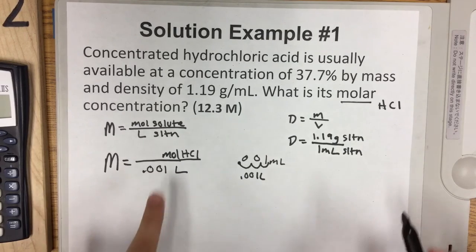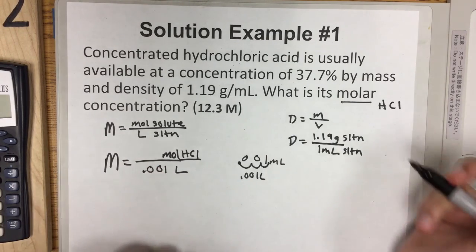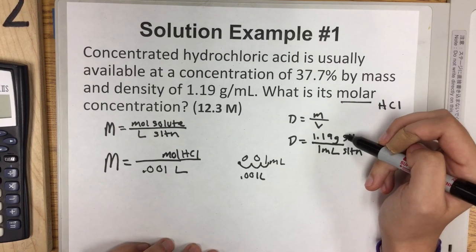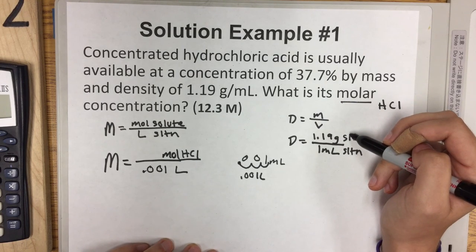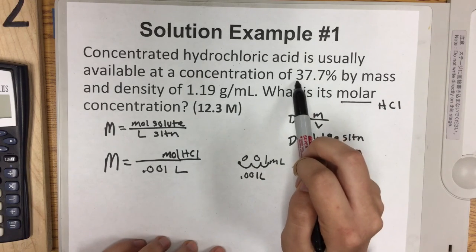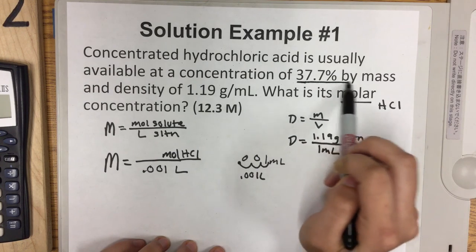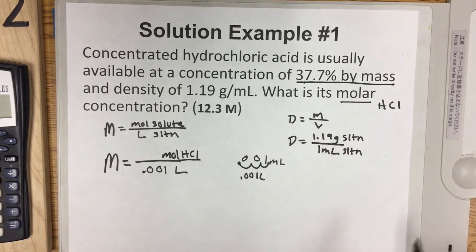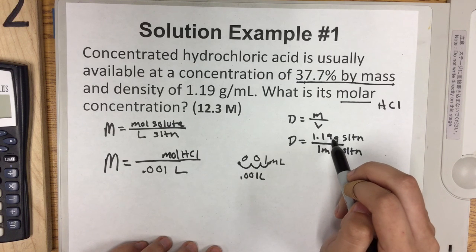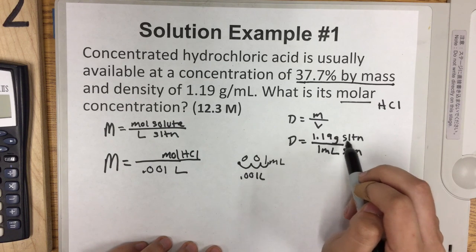So now we need to find the moles of the hydrochloric acid. We have the grams of the solution, but a key part is that the concentration is available at 37.7% by mass. So we need to find what is 37.7% of 1.19 grams.